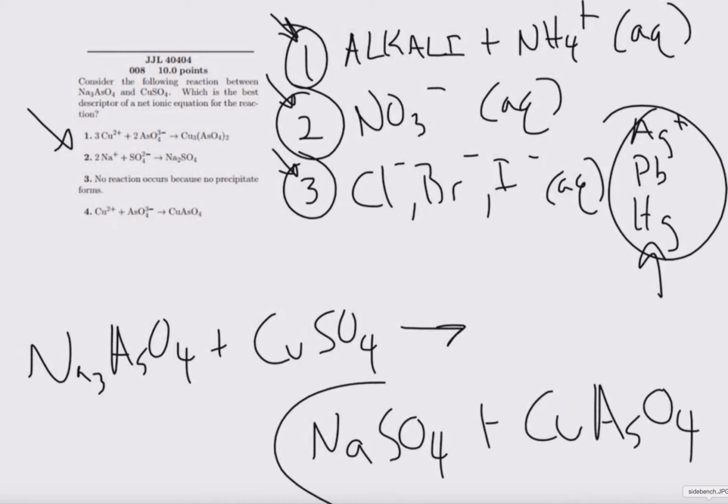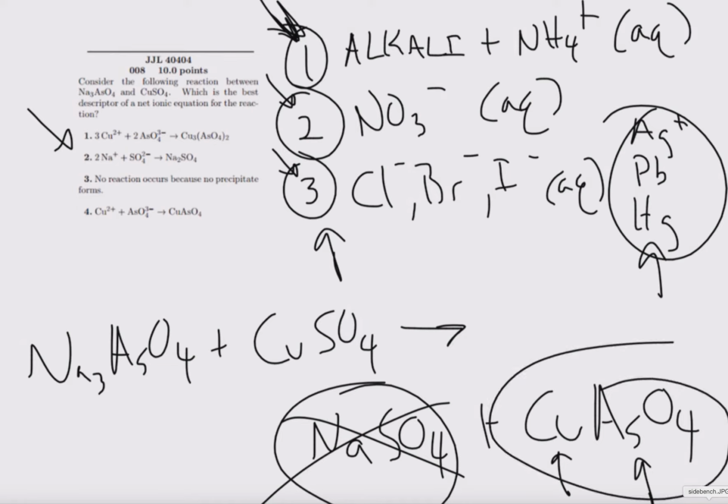Okay, well, this has got sodium in it, which is an alkali metal, which is rule number 1 of solubility. That's not going to be a precipitate. The other one has copper, which is not mentioned anywhere in my solubility of always aqueous, and AsO4, which is arsenate, it's not mentioned in my solubility rules. So this is going to form a solid.